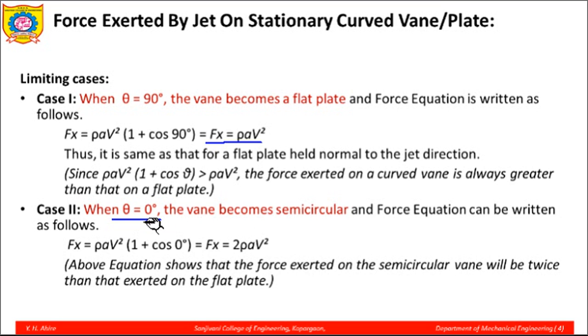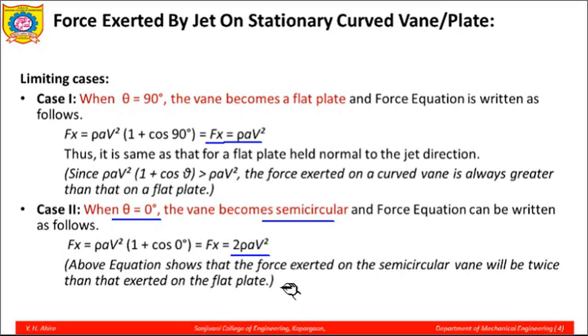So if theta is equal to 0 degrees, it means the tangents become parallel to the axis of the jet. It means the vane becomes semicircular. So the force equation is modified as Fx equal to rho A V square into (1 plus cos 0), that is equal to 2 times rho A V square.